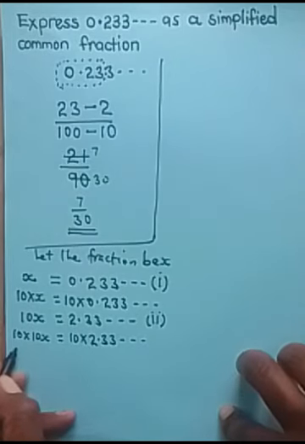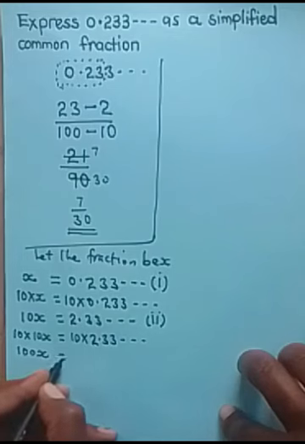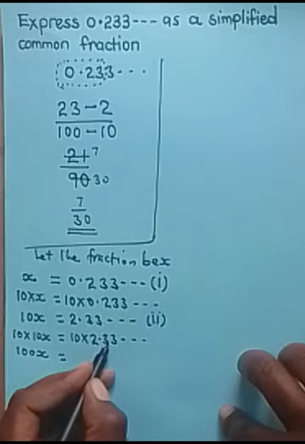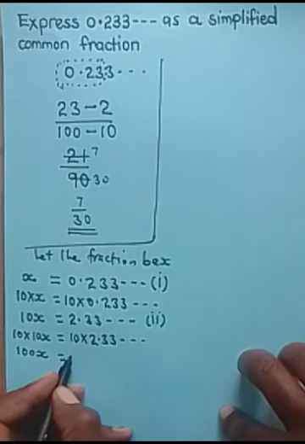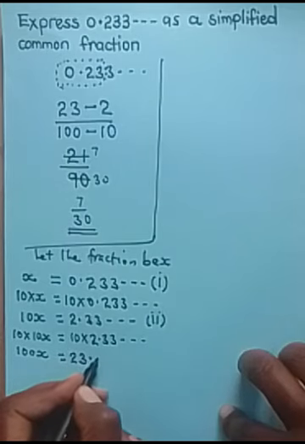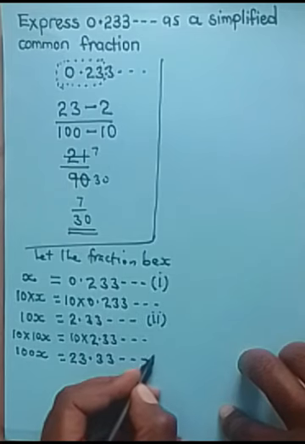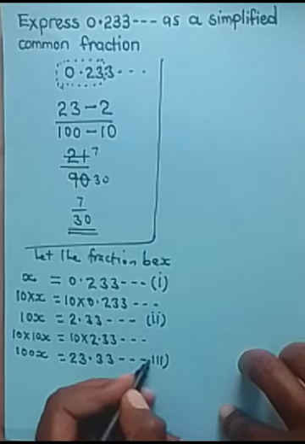Now, when we multiply this, we get 100x is equal to, the decimal will move here, 23.33 recurring. This is our equation 3.